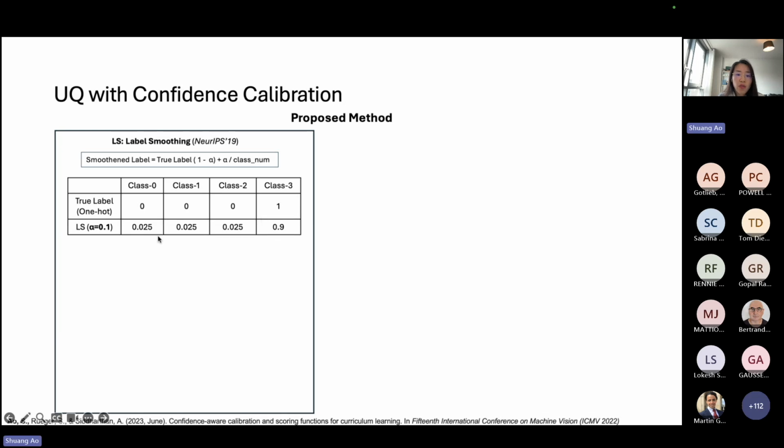In this way, we can avoid the model being overconfident. But there is another problem here. For this smoothing factor alpha, we just manually fine-tune it. Generally, it is between 0.1 and 0.3 in my experience.